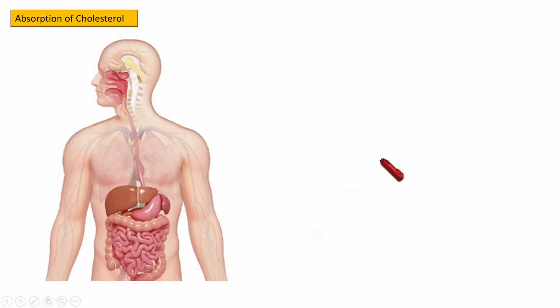Next, we are going to see about absorption: how the cholesterol contained in our diet is absorbed, and how it gets to different parts of our body. That's what I'm going to explain next. So we are taking diet. It is coming to our stomach, and on the side is the pancreas. It's not that visible, but somewhere here the pancreas is present.